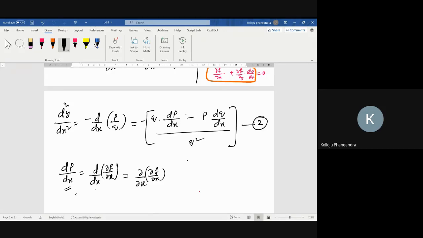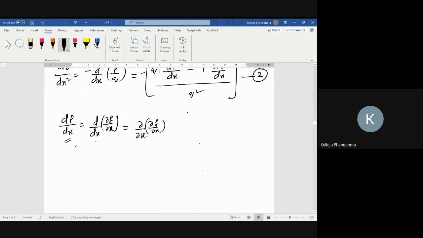First thing, what I will write to clarify: d by dx of some function of two variables, differentiating with respect to x. What I have written first: f is a function of two variables, therefore partial derivative of f with respect to x into dx by dx, plus partial derivative of f with respect to y into dy by dx.